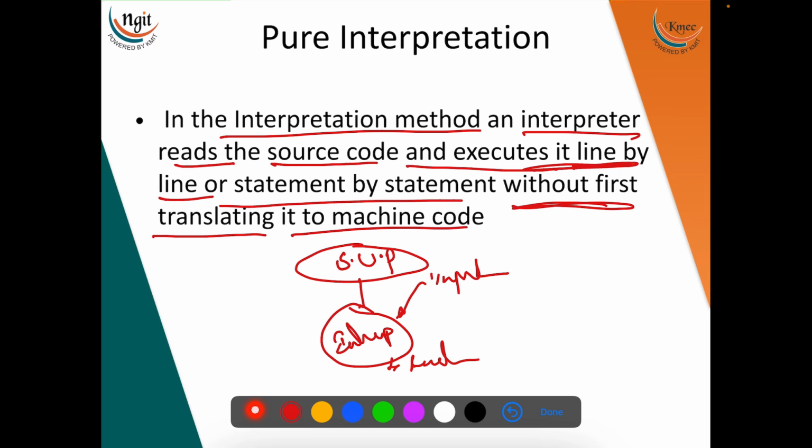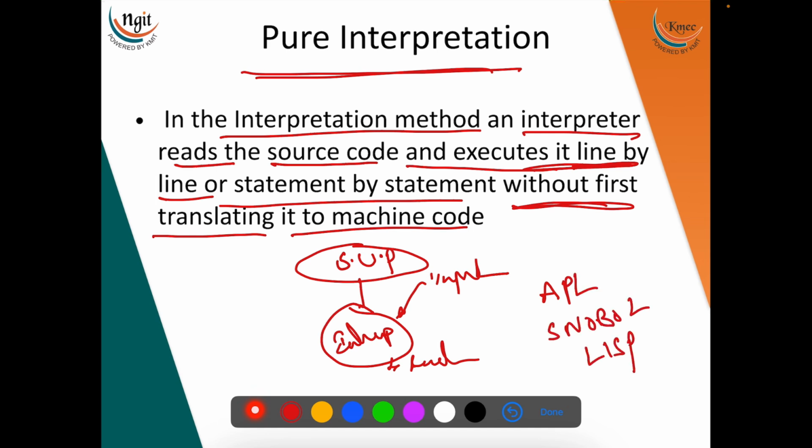The programming languages which take pure interpretation as the implementation method are APL, Snowball and Lisp.